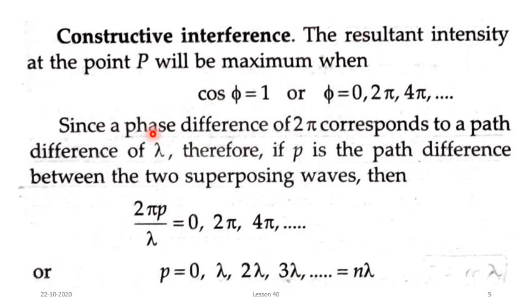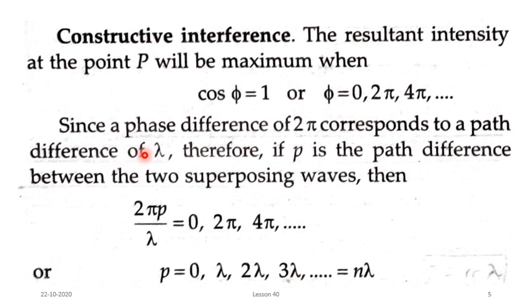Now, since a phase difference of 2 pi corresponds to a path difference of lambda, if P is the path difference between the two superposing waves, then these angles 0, 2 pi, 4 pi all represent the path difference.